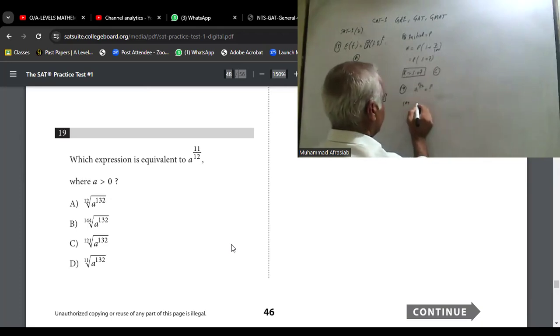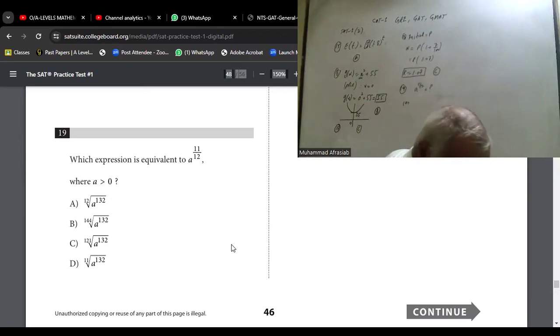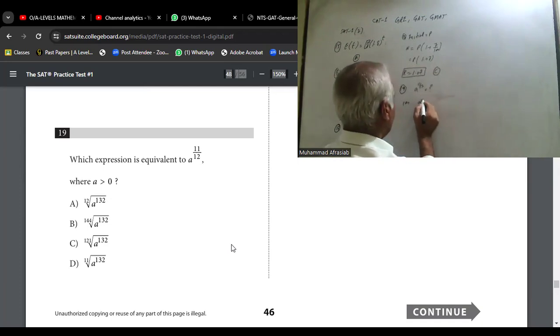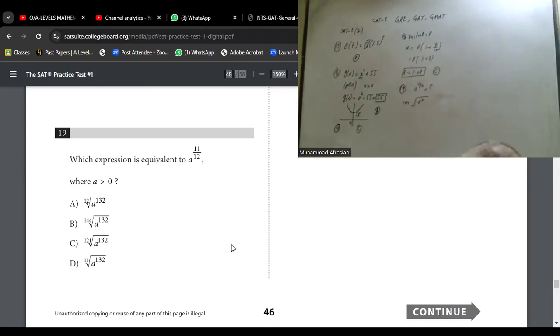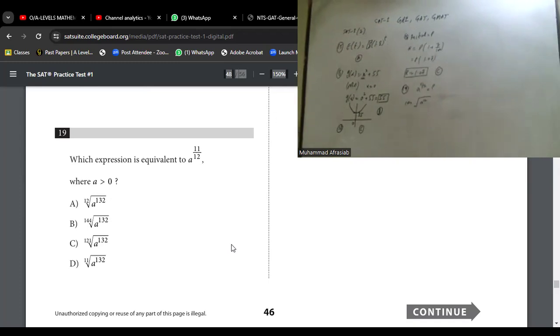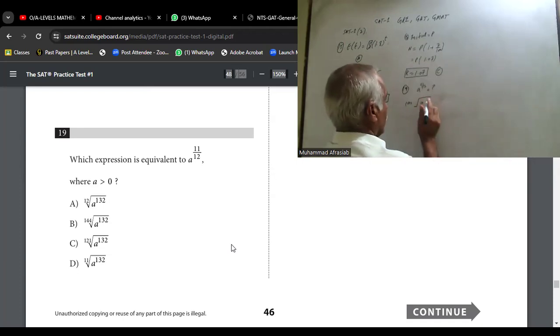For part A, it is a to the power 12 with the 12th root. a to the power 132 to the root 12.